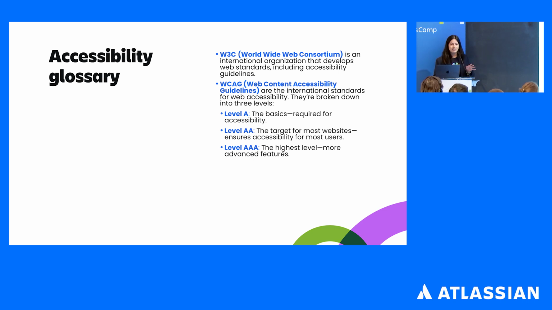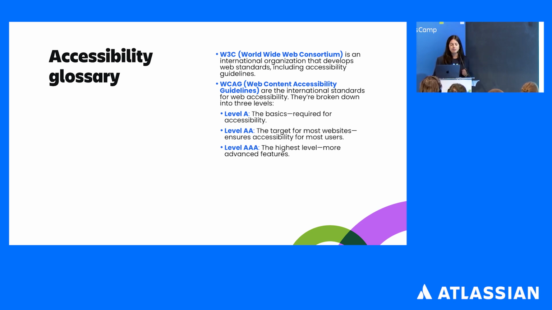So before we start diving in, I'll just quickly introduce some terms that will be core for our talk, starting with the World Wide Web Consortium, W3C for short. It is an international organization that develops different web standards, including the WCAG, which are the Web Content Accessibility Guidelines. These are the international standards for web accessibility, and we can break them down into 3 levels. Level A being the most basic ones.